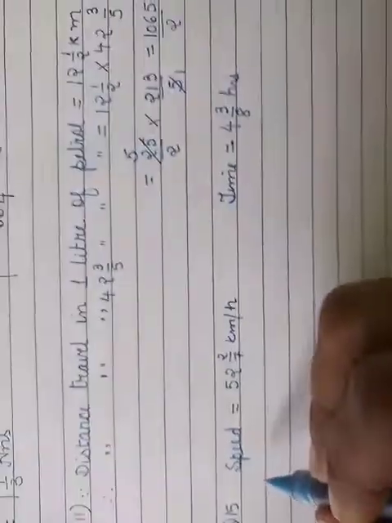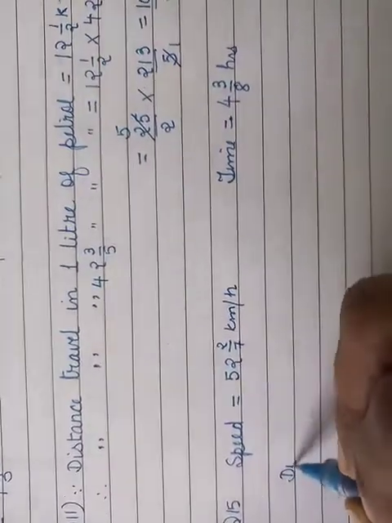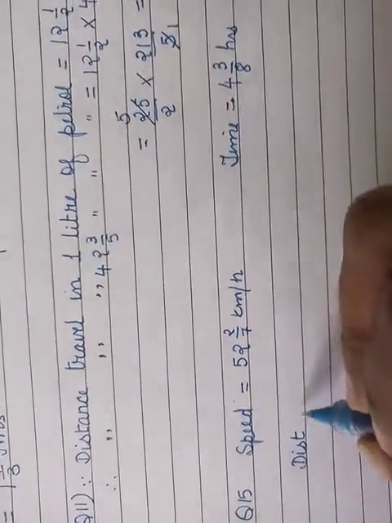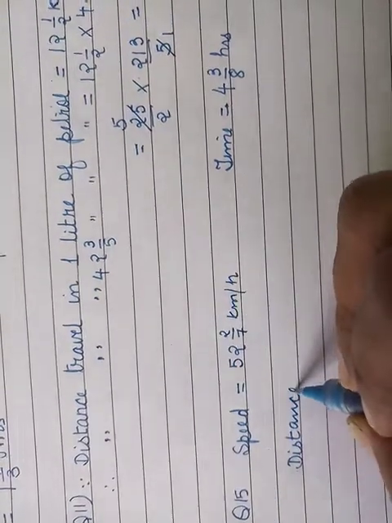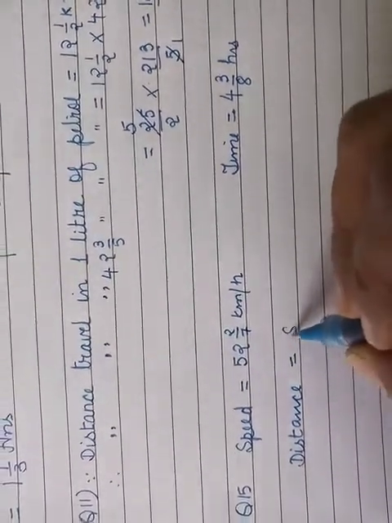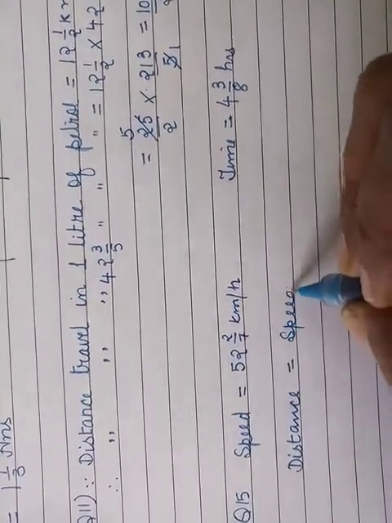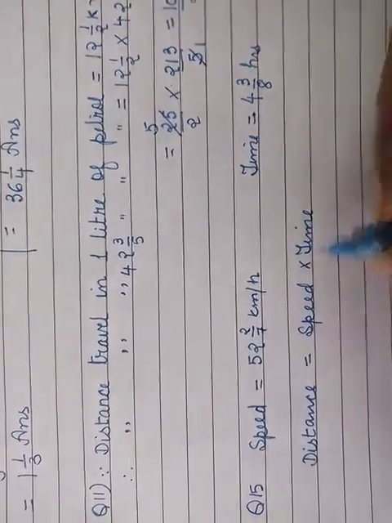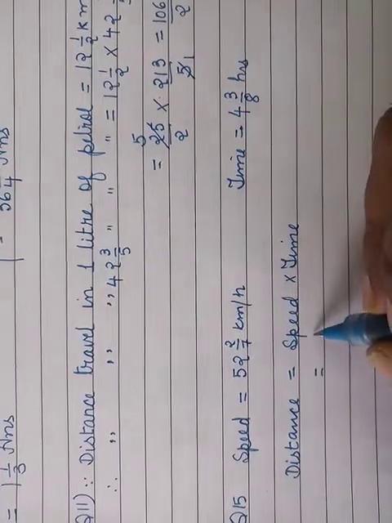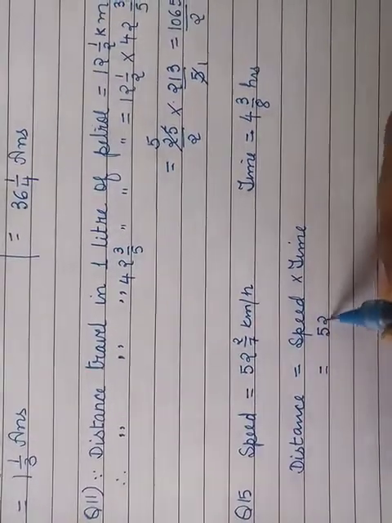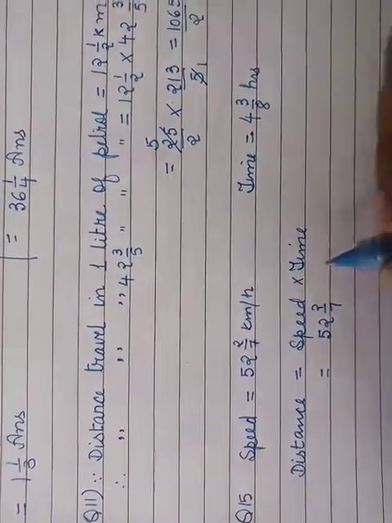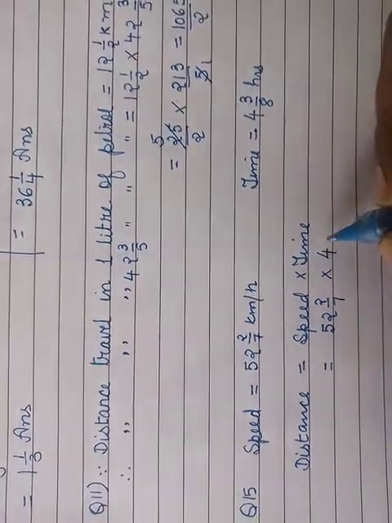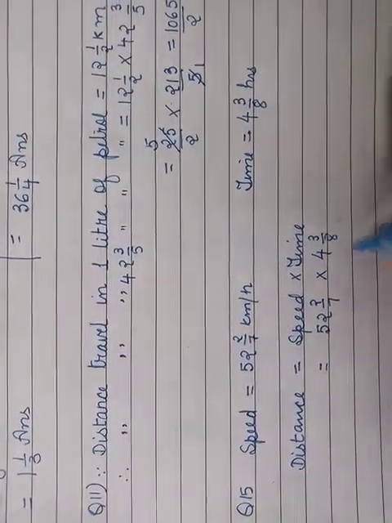We are looking for distance. Distance is equal to speed into time. So we multiply 52 whole 2 by 7 into 4 whole 3 by 8.